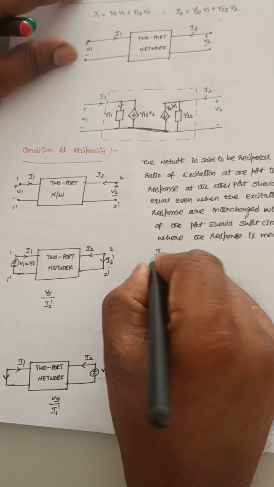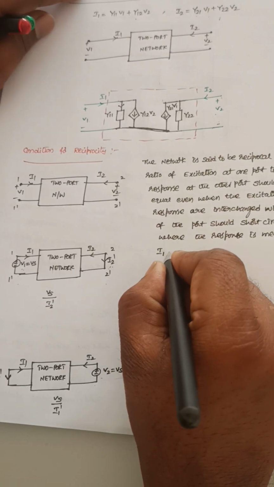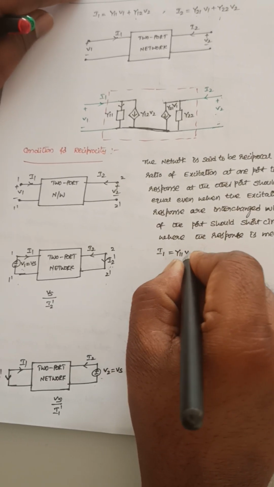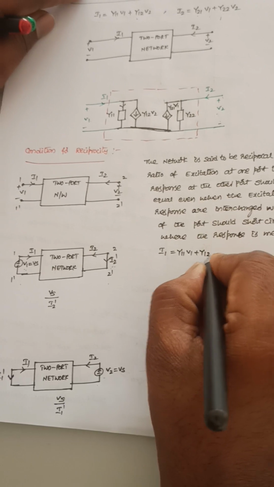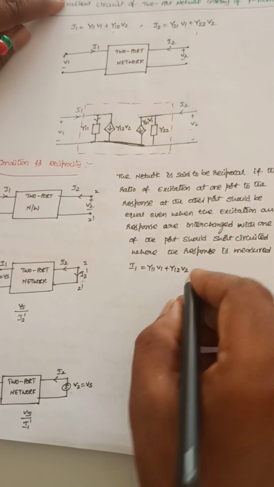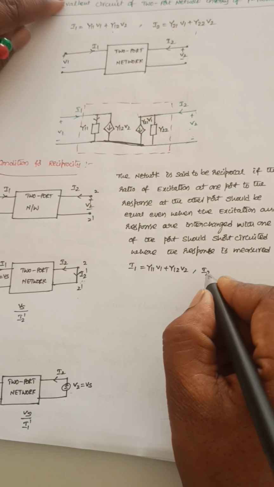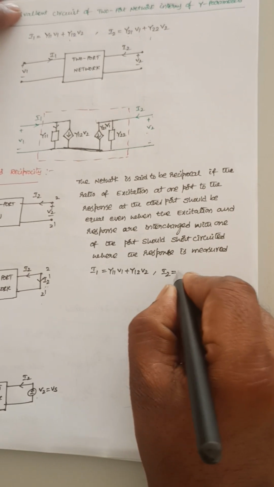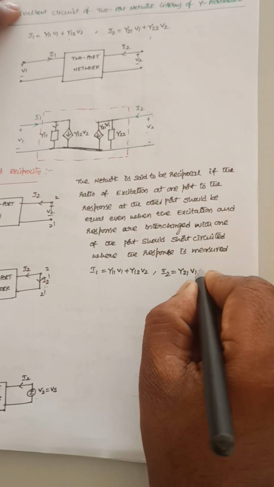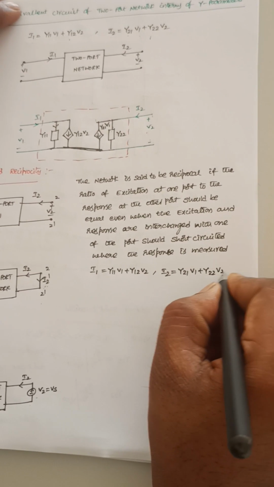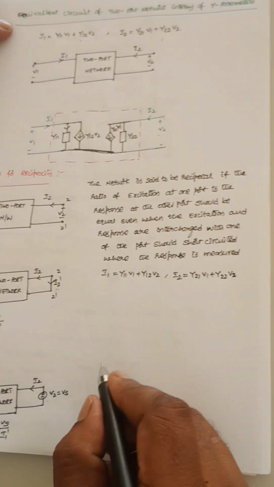So let me write these equations. I1 is equal to y11 V1 plus y12 V2, and I2 is equal to y21 V1 plus y22 V2.